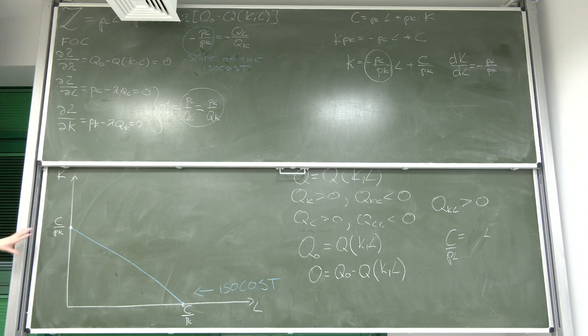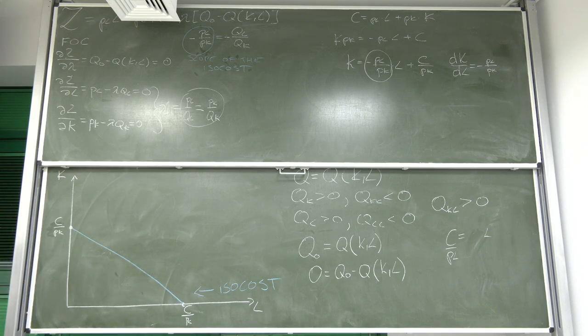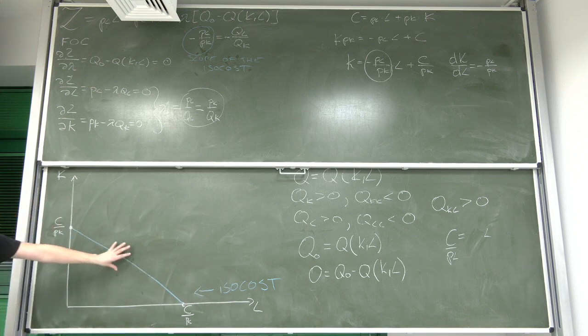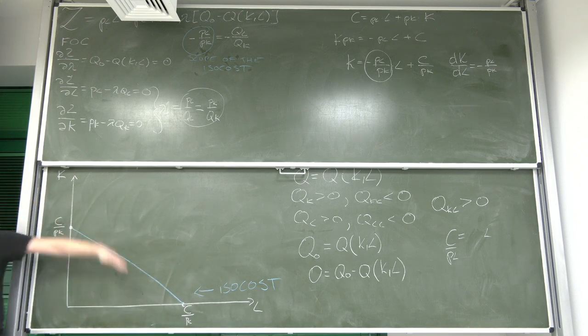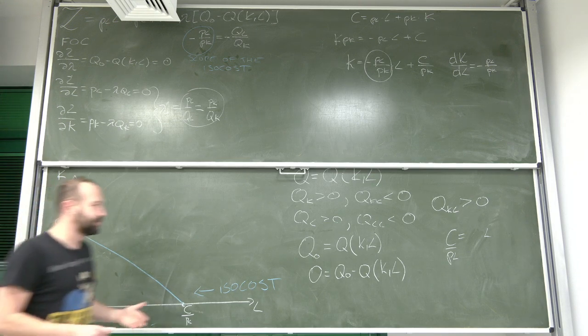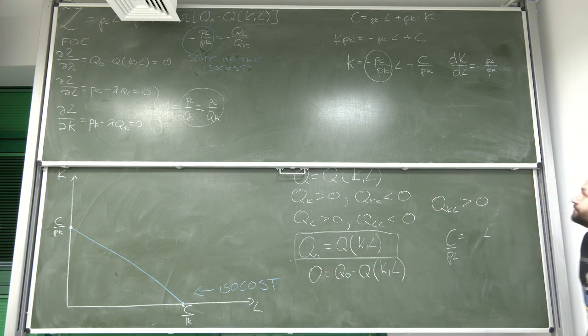We are trying to be at the lowest possible isocost line because it means the lower the cost for the company and later, of course, higher the profits in the short run or maintaining its existence in the long run. So look, what we want to do with this isocost line is to move it as far down as possible. However, we know that we can't just go to zero. We need to produce a certain amount.